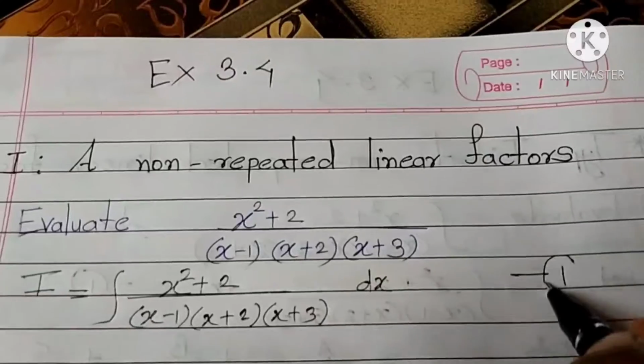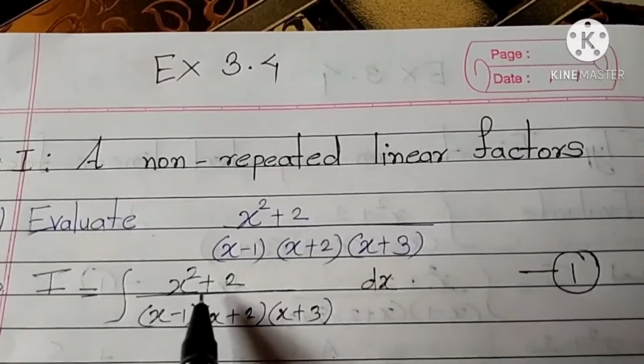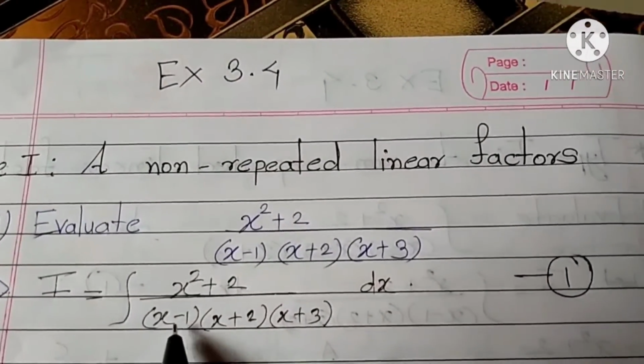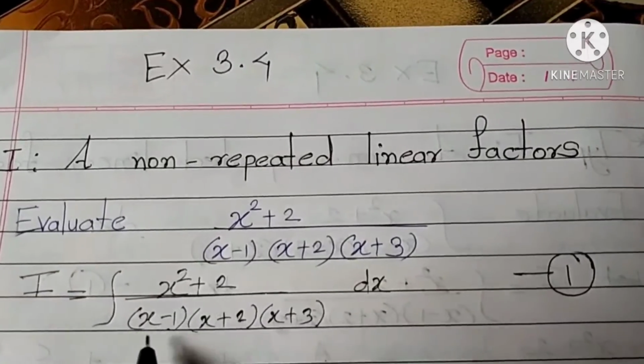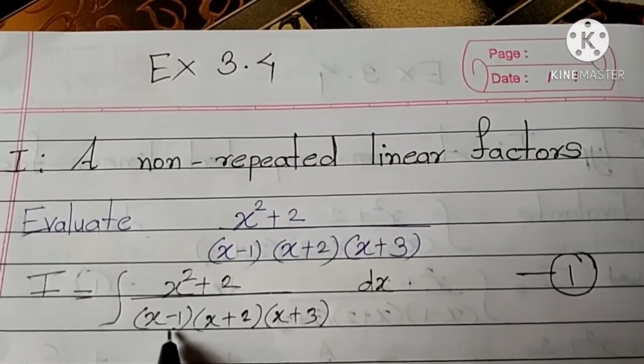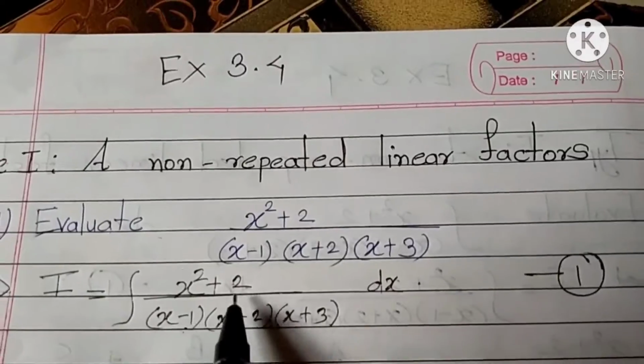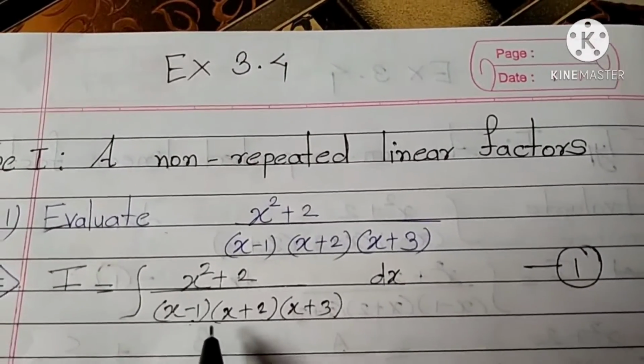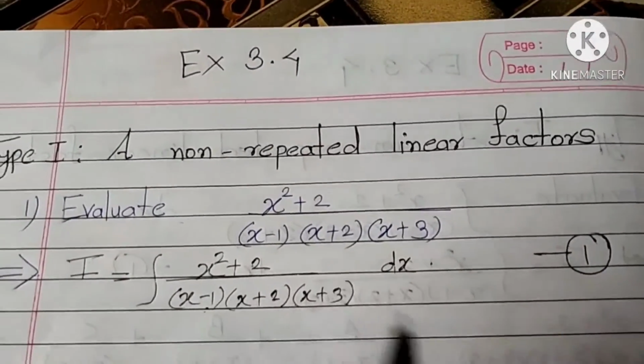Give it equation first. Now you can observe that this is our non-repeated linear factor. There is no factor which is repeated. So here we use our first form of partial fractions.